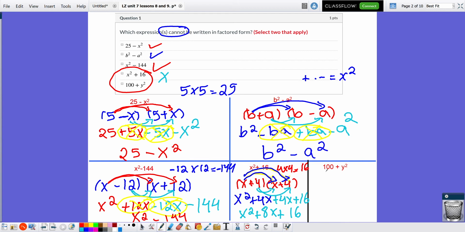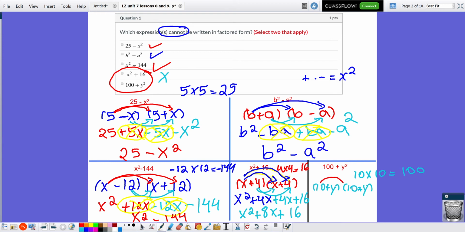So let's check this one. We know that 10 times 10 equals 100, and we have 100 that is positive. So I know inside my parentheses I will have 10, and y squared is positive, so I will have positive y.